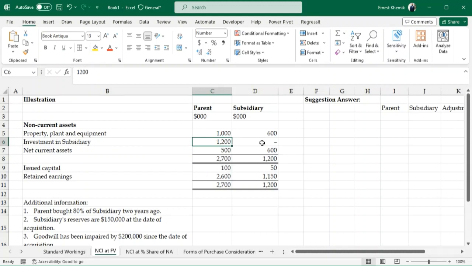So basically, we are replacing this particular investment in subsidiary with the net assets of the business. That is all that we are doing when it comes to consolidation. So let's dive into it. Because the subsidiary has become a part of the parent, what we do is that we add their results together.